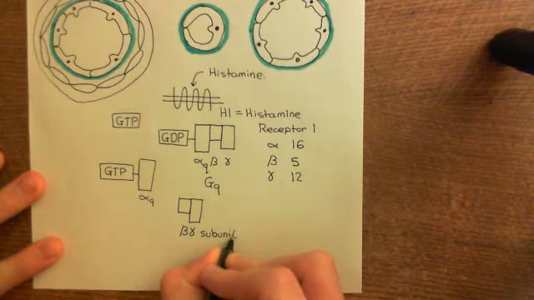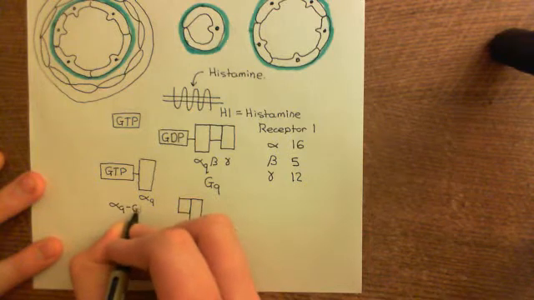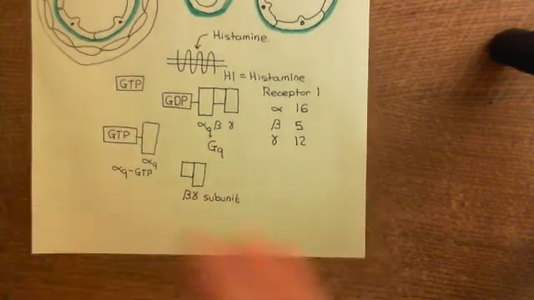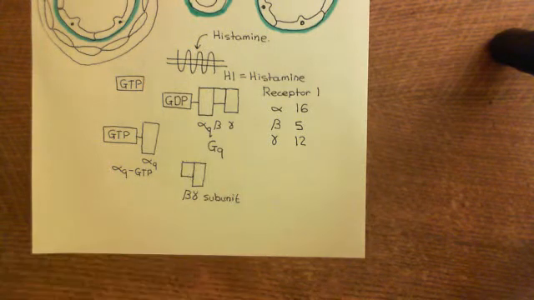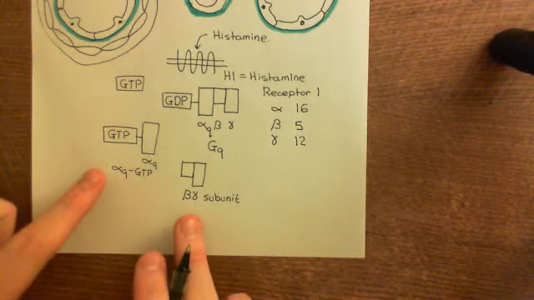Okay, so we have this alpha Q GTP, as it's often called, and we have this beta-gamma subunit that have been produced by histamine binding to the H1 receptor. So what we want to see now is, what do both of these do?